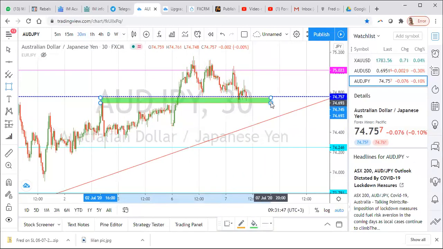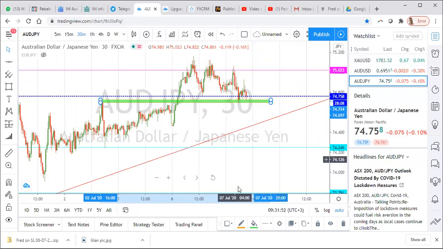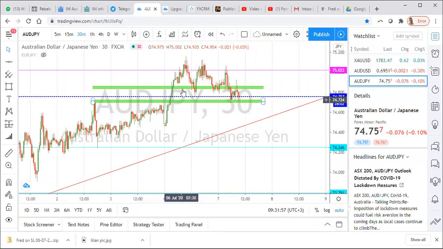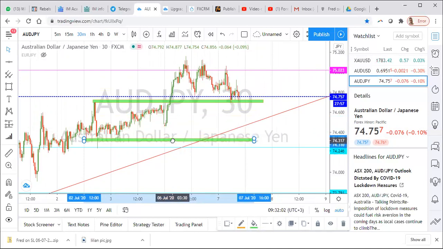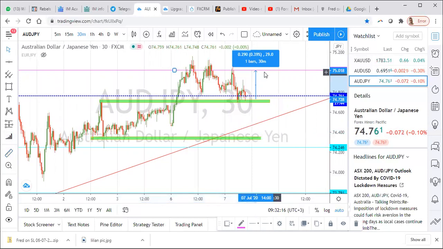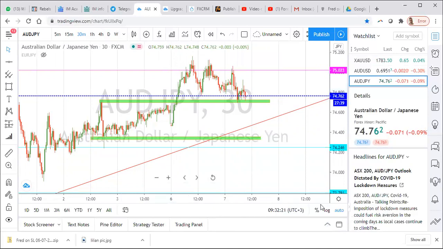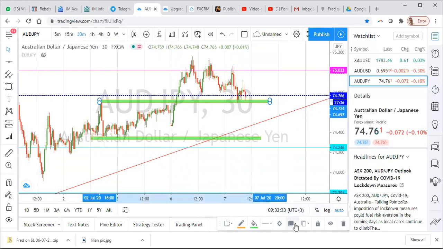So let's see if I look at this. Yeah, I'll wait for a break. Very possible that it will reject here, retest. So this would be a good, I mean, how many pips is this? Yeah, 29 pips. This would be a great entry zone for a sell.